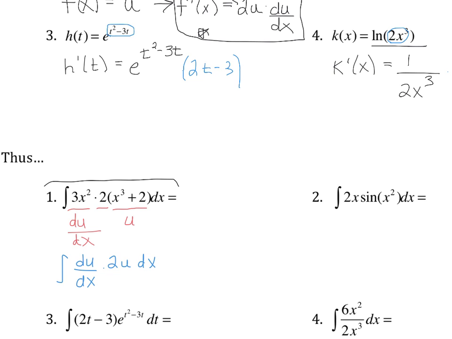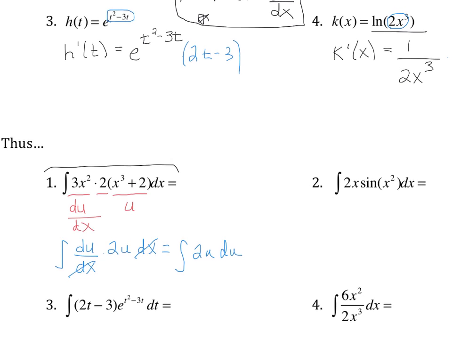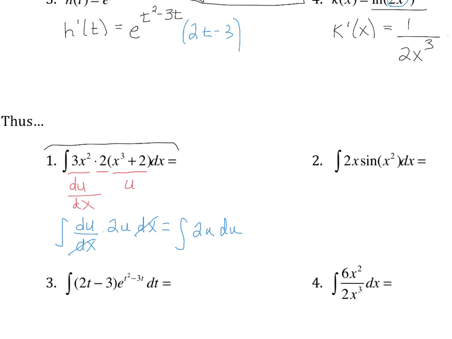And now let's clean this up a little bit. So I'll have the integral, and then notice what happens. Cancel, cancel, and you just have the integral of 2u du, which is a very simple integral that we could do very easily right now using our integration rules. This would integrate to, well, the 2 is just a scalar multiple.